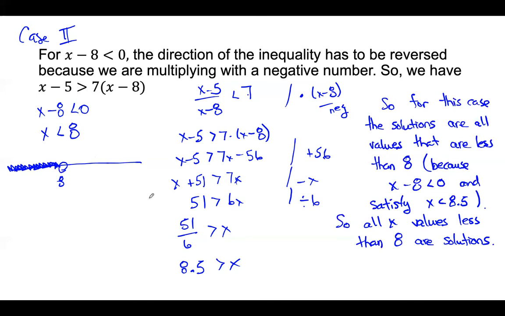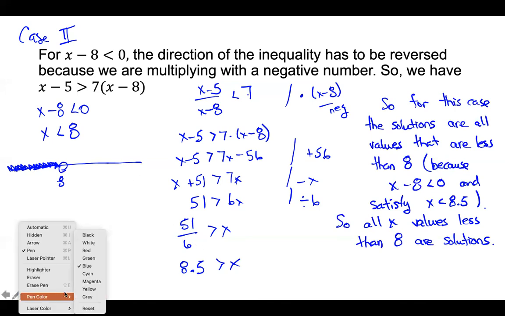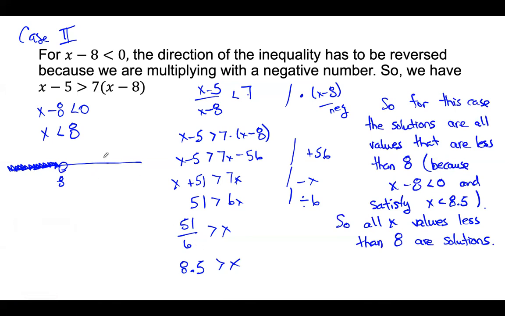So again, if we drew this one, let's change the pen color, to 8.5 here. Open it up, so all x is here. That has to satisfy both of them. So that's why it's all numbers less than 8.5.